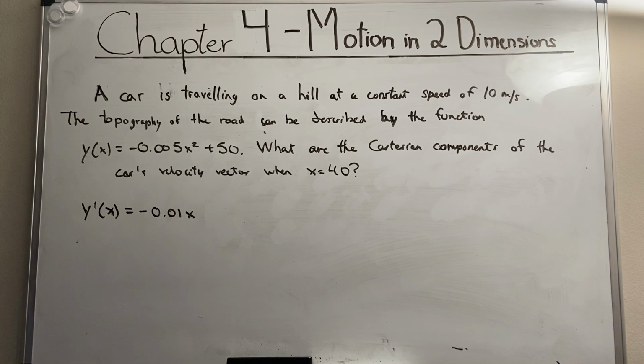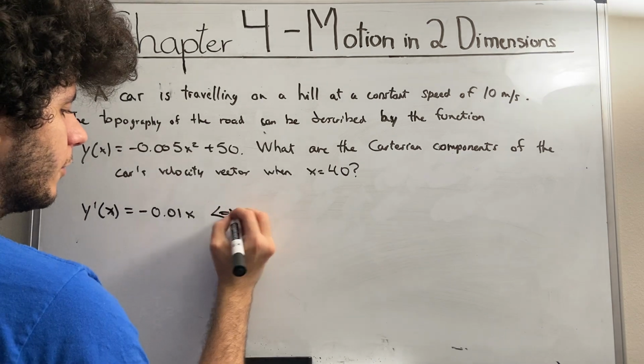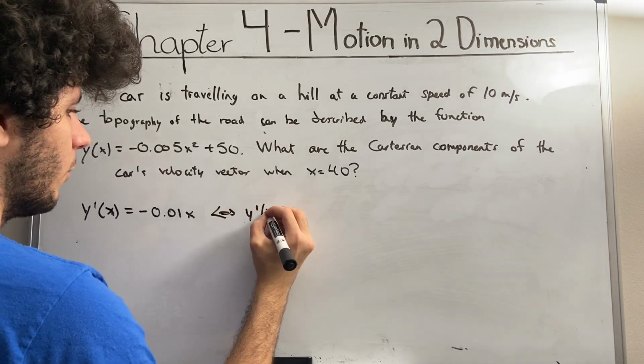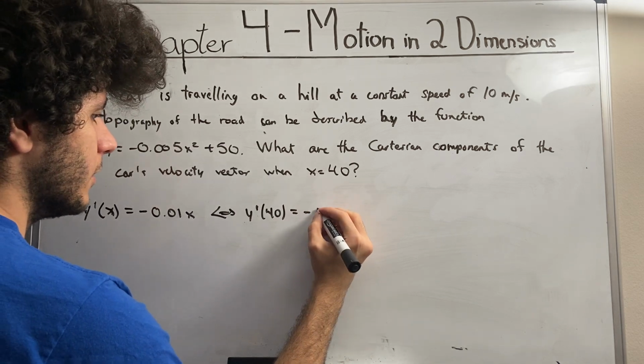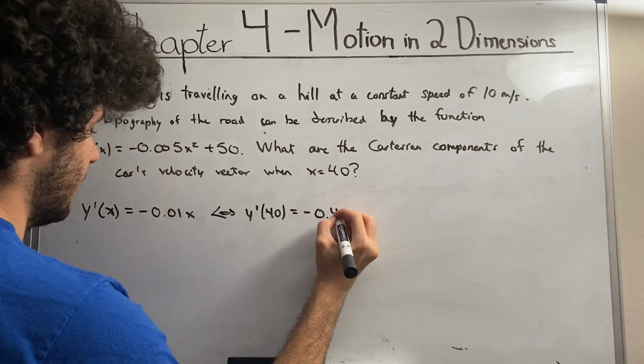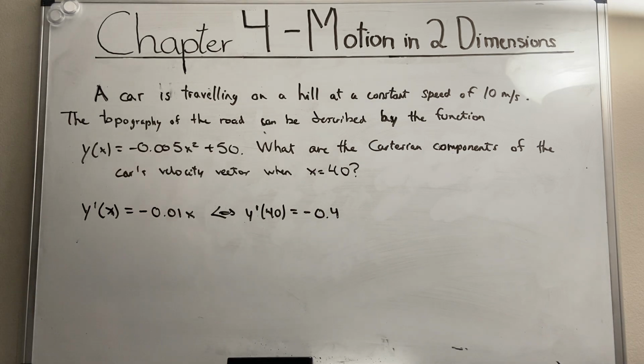And now, if we just plug in 40, what do we get? Negative 0.4. What does that mean to us though? This actually is the value, I'm sorry.